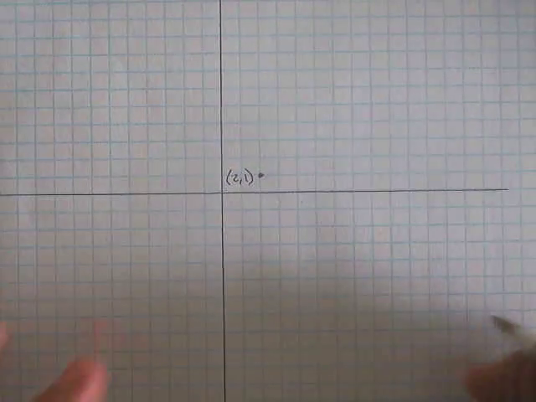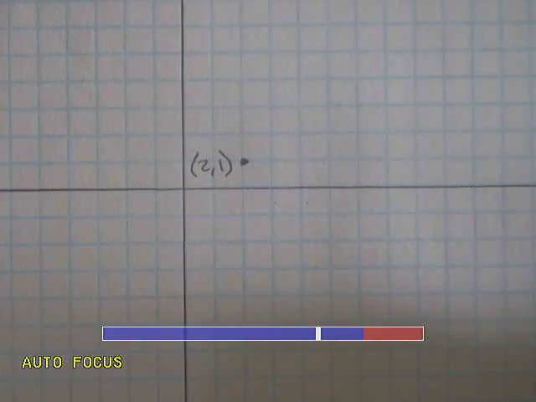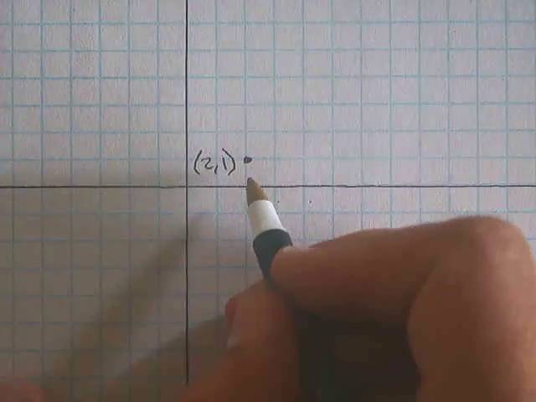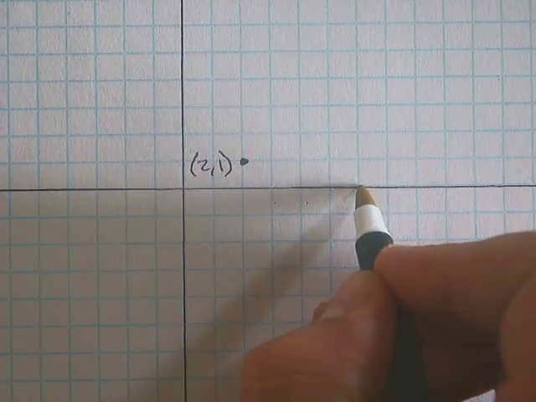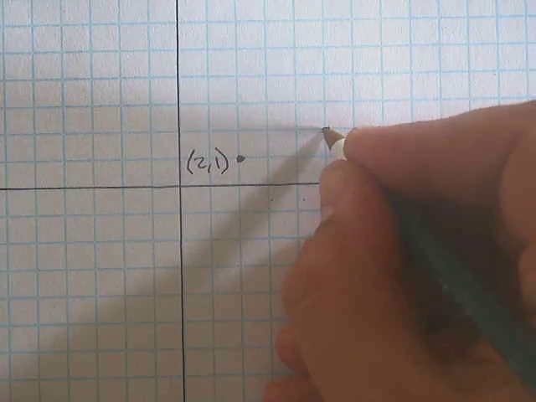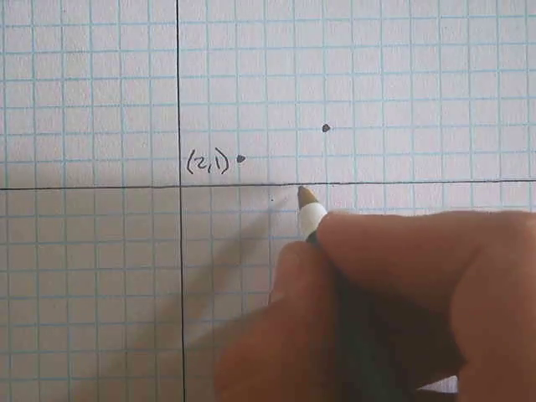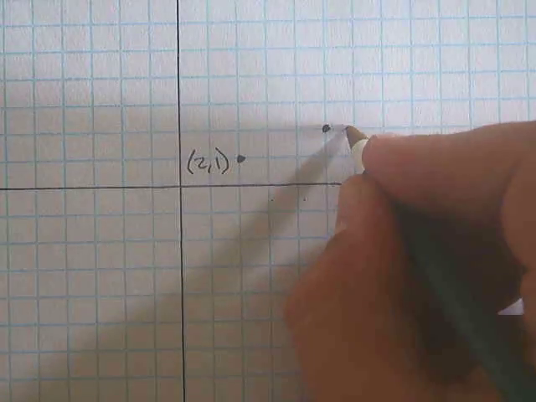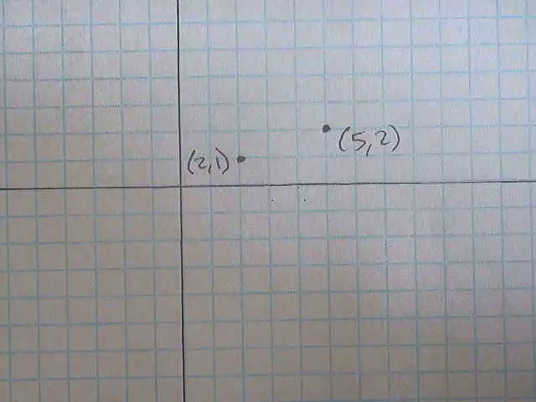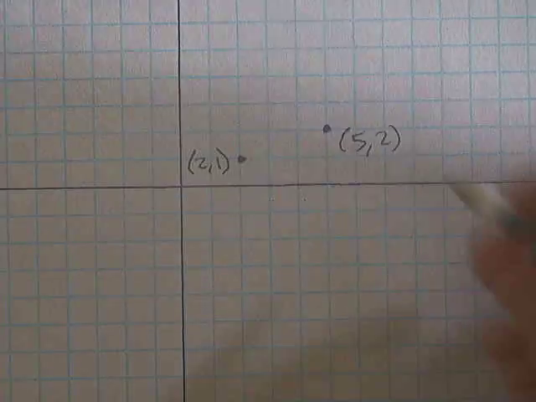I put my coordinate there, which is (2, 1). I'll zoom in a little bit so you can see that better. Okay. I'll go down here. We'll go to (5, 2). Oh no, I'm sorry, that's not 6. That's 5, 2.